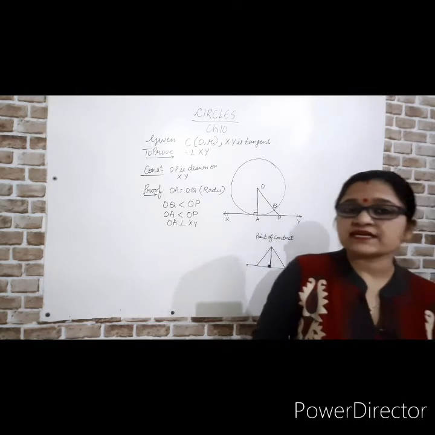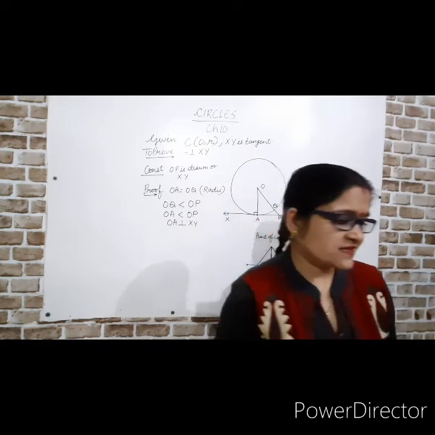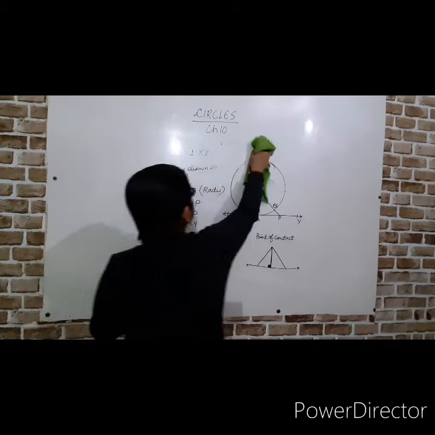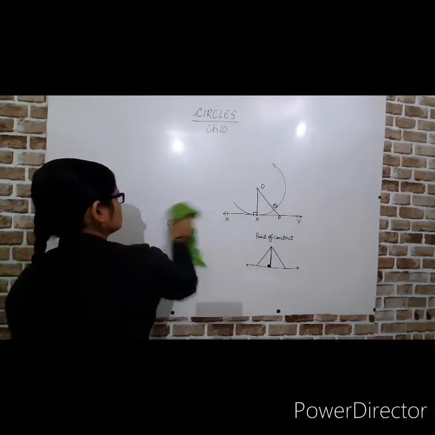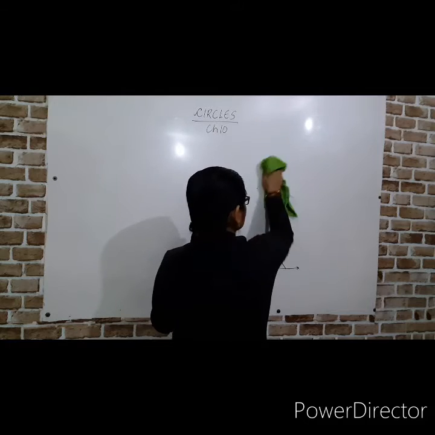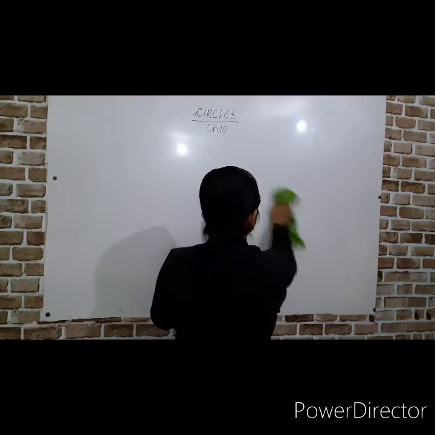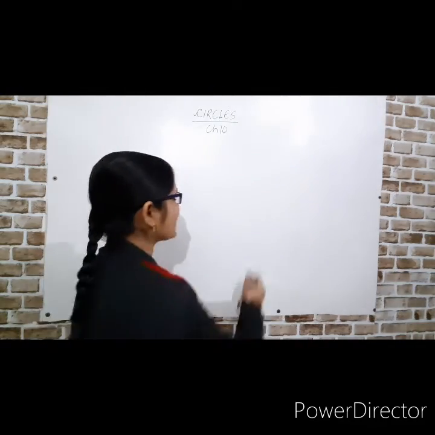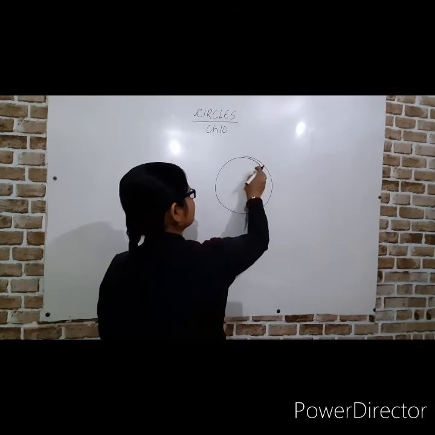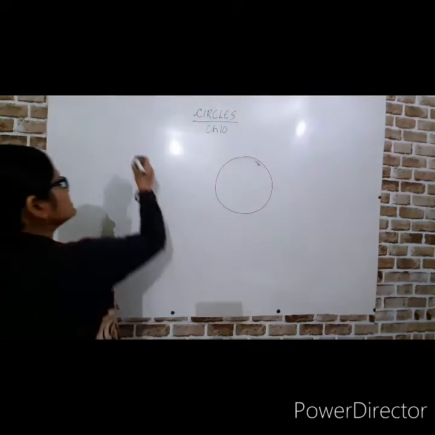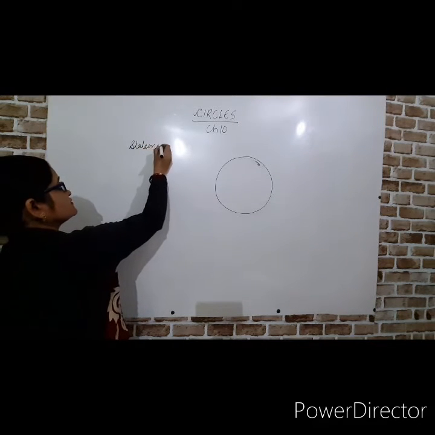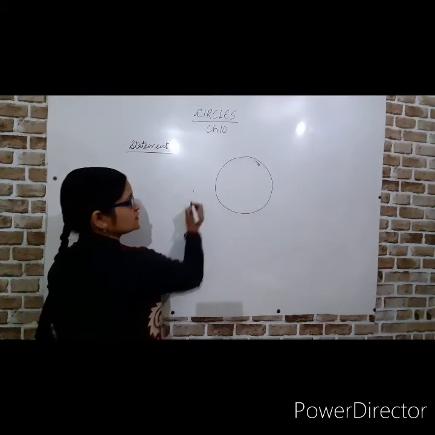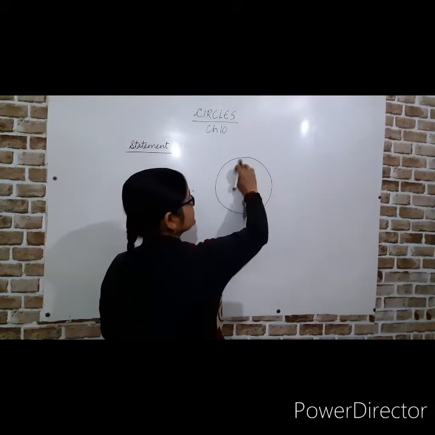Now after this, I will take theorem number 10.2. For theorem number 10.2, I will draw one circle again. So what is there in this theorem? First of all, the statement. This is an external point. This is the circle.